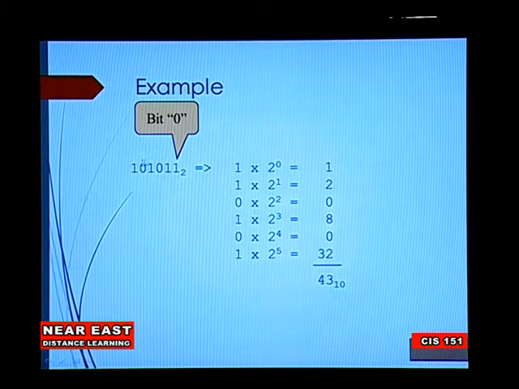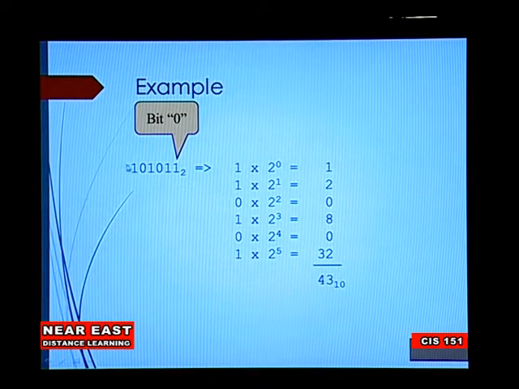We have one example here, 101011, which is in base 2, binary. We are going to convert it to decimal. This is the result in decimal, but first let me show you how to convert it. We write it like this, from left to right, from the bottom to the top.